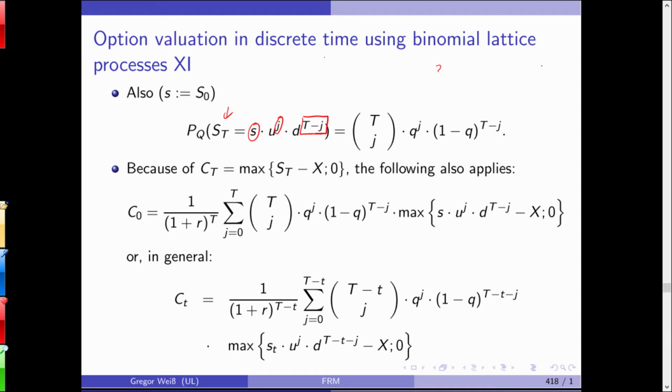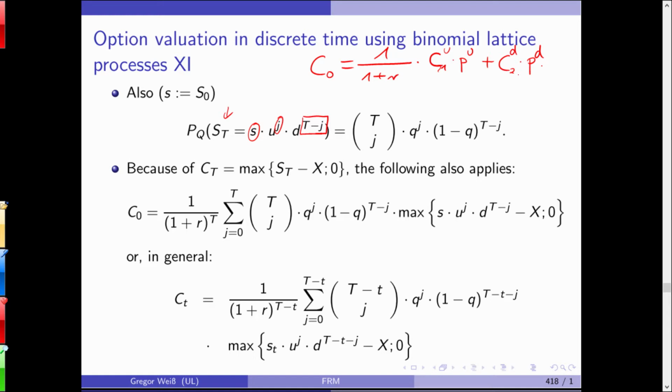So the price of the call should be something like 1 over 1 plus r times C1 up times P up plus C1 down times P down, in case we only have a one period model.